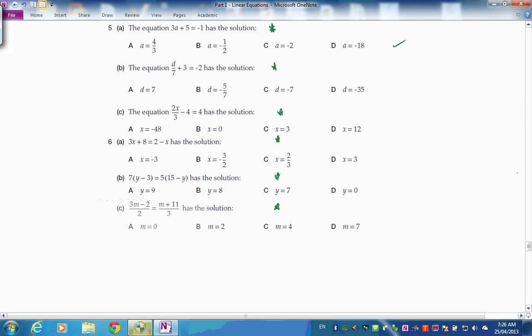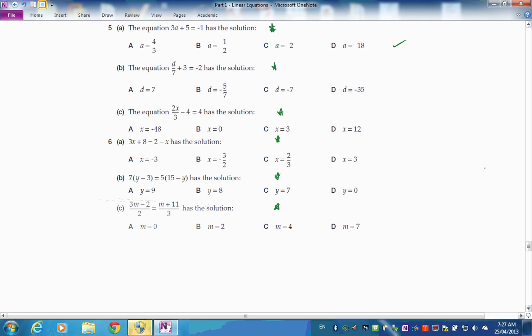And I want you to try and solve the equation. Don't check the solutions by substitution, because that's a very long way, and you are better than that. You can actually solve it and find which of those answers is the right one, rather than just substituting them in. All right. Check those out.